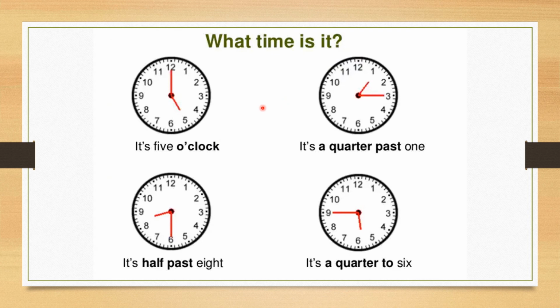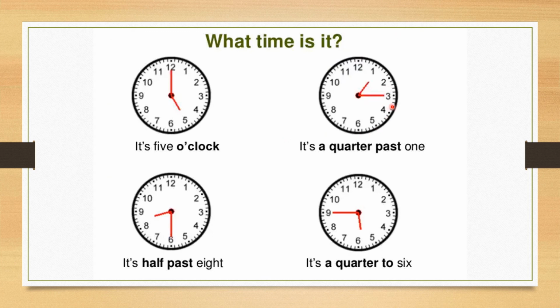Now we are going to look at some examples. So remember we said the small needle tells us the hour and the big needle tells us the minutes. So let's read what's on the first clock. It says it's 5 o'clock. The second one, the minutes needle is by 3.